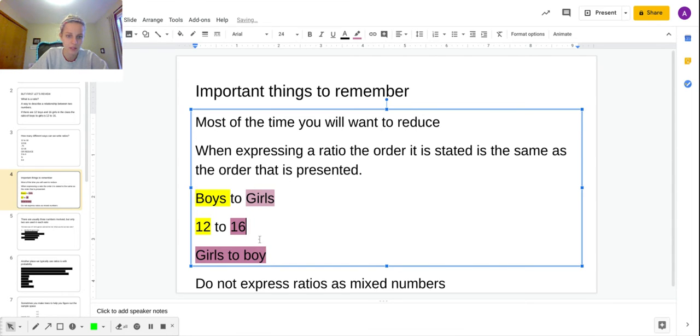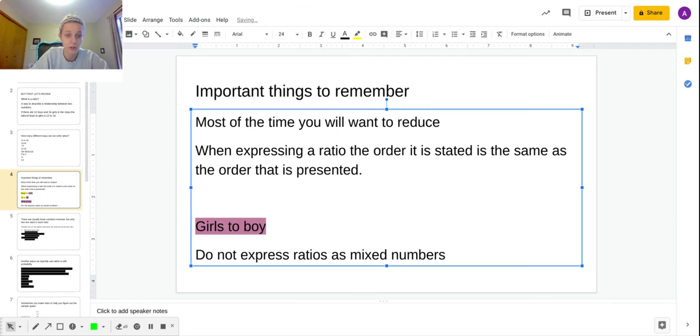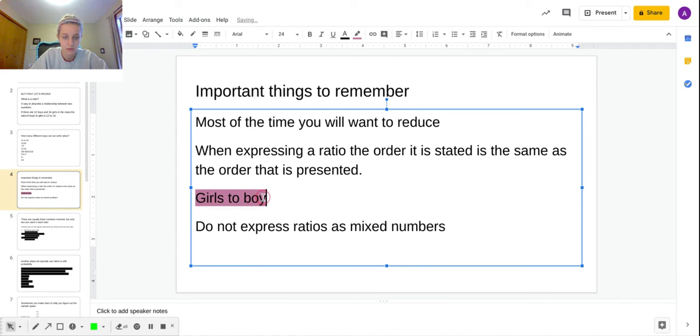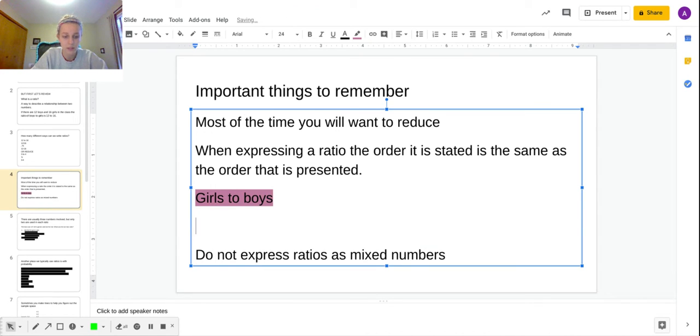Here, I'm going to erase this. If we did girls to boys, that would be 16 to 12. So I can reduce this down to 4 over 3, but I don't want to reduce it far enough that I'm saying 1 1/3, because then we kind of lose sight of what the ratio is representing.